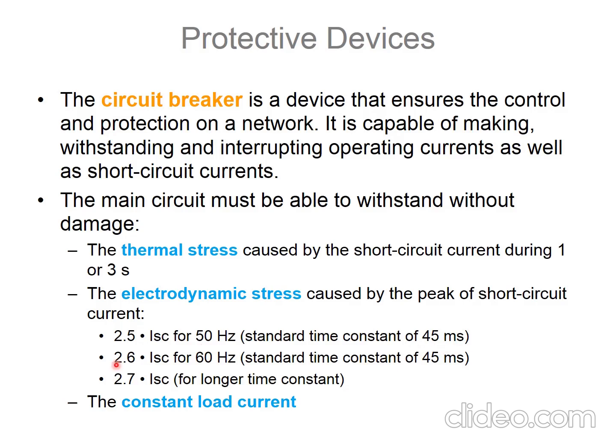For 2.6 times I short circuit for 60 Hz, standard time constant is also 45 millisecond. And for 2.7 times I short circuit, for longer time constant. And lastly is constant load current. So these three damages must be considered for circuit breaker analysis.